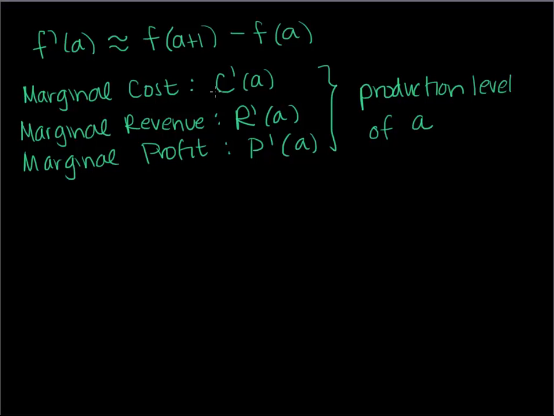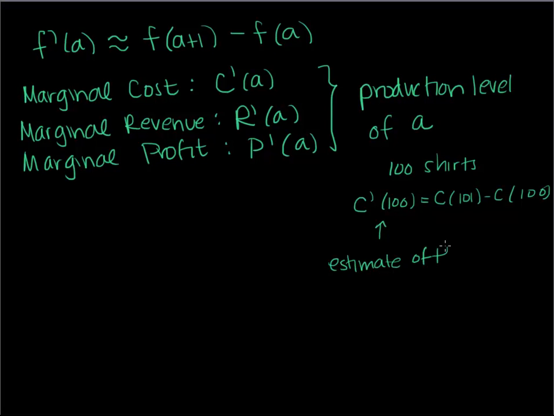What this marginal cost will give me, let's say again I'm at 100 t-shirts, if I take C prime of 100, then it is basically, if I look at this function right here, C of 101 minus C of 100. What the marginal cost gives us is an estimate of the cost to make one more shirt, or to make 101 shirts.